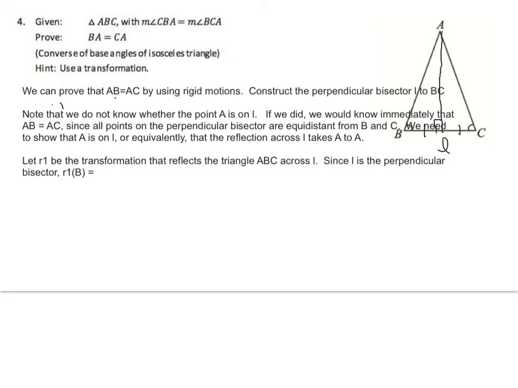What's the reflection over line L? That shouldn't be 1, sorry. Line L of B. It's C. Let's fix this, and this. Apologize for that.